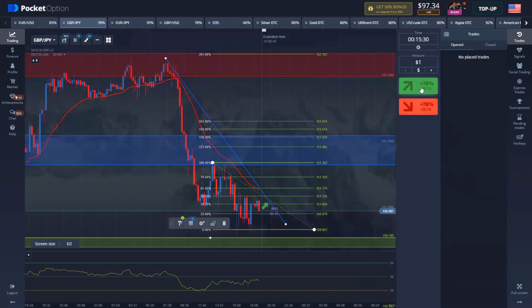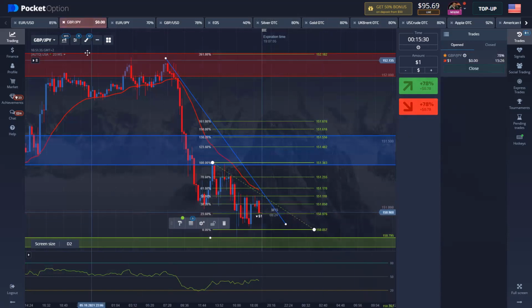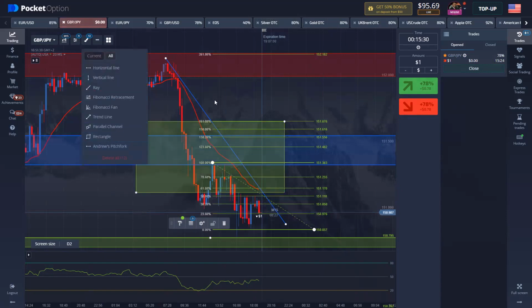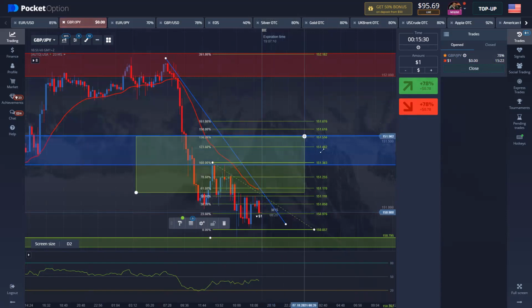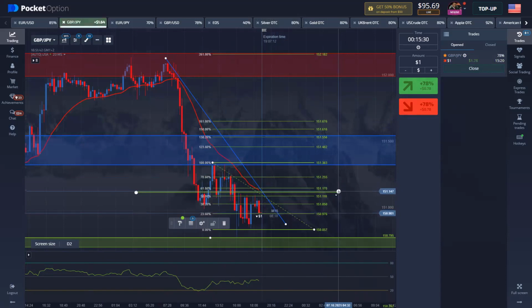So what I'm going to do is go ahead and put in a call, and we'll see if we can win this trade. I didn't mean to put in a call, I meant to put in a put, my bad. And I'm going to draw the zone that signifies what price pulled back at.